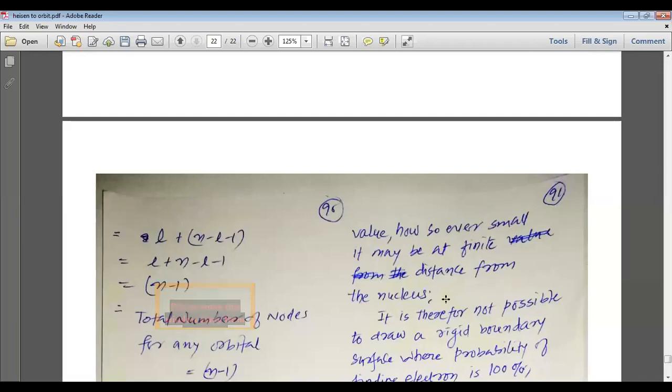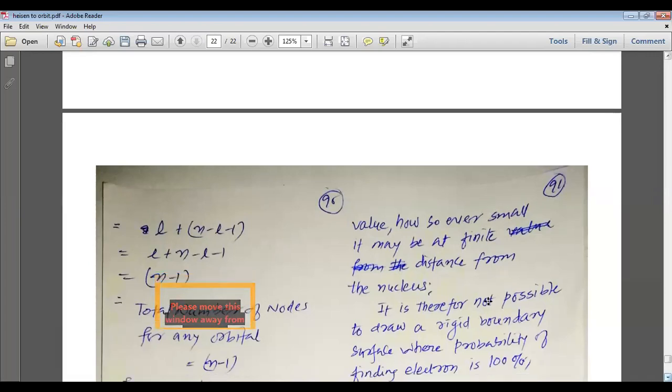So if you look into the atom and define a region inside the atom, then psi square always has some value which is not zero. Howsoever small it may be, psi square will always have some value in that particular region.